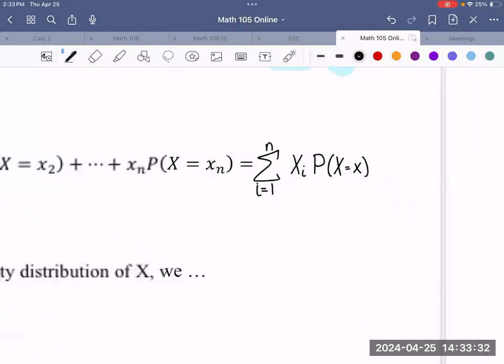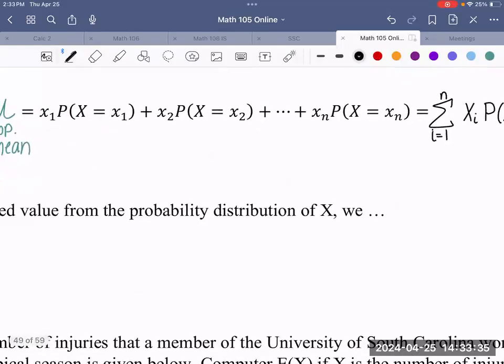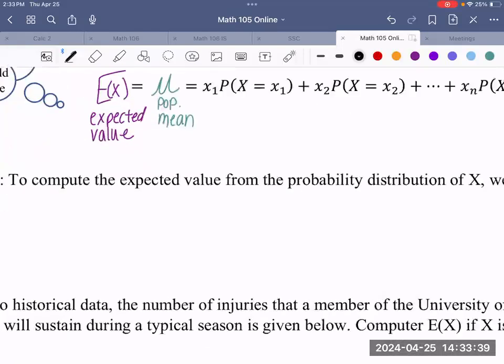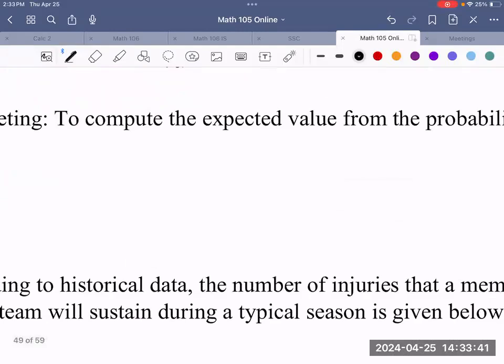Now to interpret that shorthand, right? Just down here, it says to compute the expected value. If you're looking back at your notes, you're like, what the heck does that even mean?